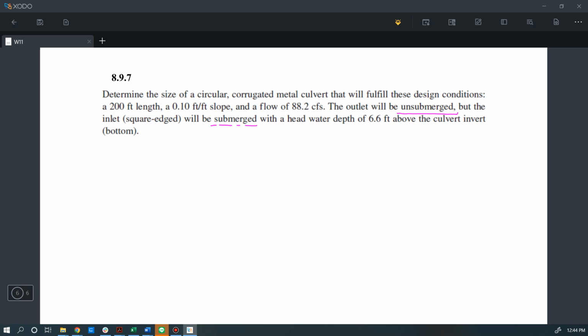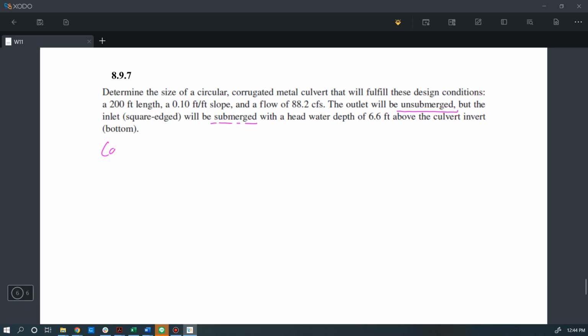So this actually tells us we want to design the culvert in case B or C. B is for full pipe and C is partially full. Okay, so we need to calculate the size under these two different cases.